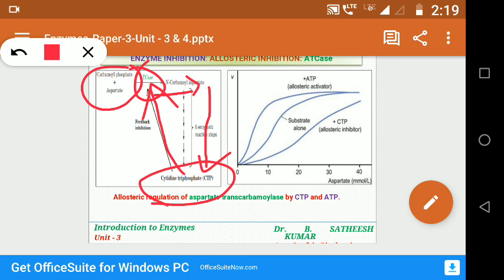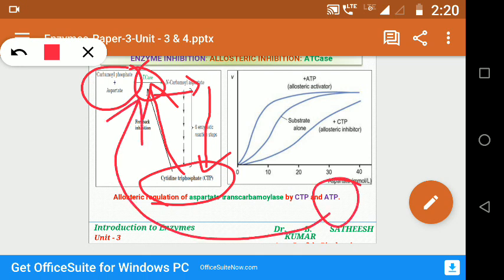Once we have an excess amount of ATP and less amount of CTP, that means the purine concentration is more, pyrimidine is less. In that case, ATP binds to the same site.